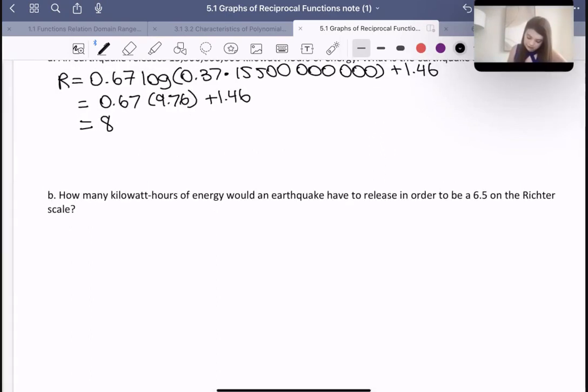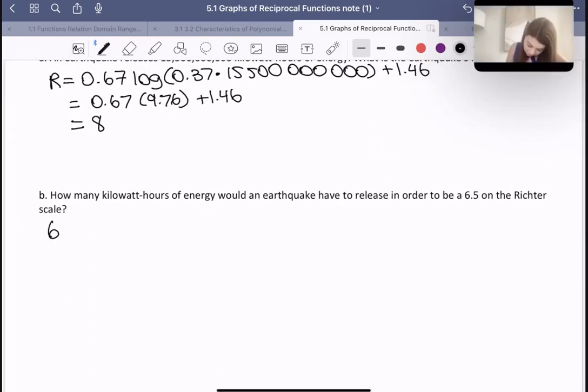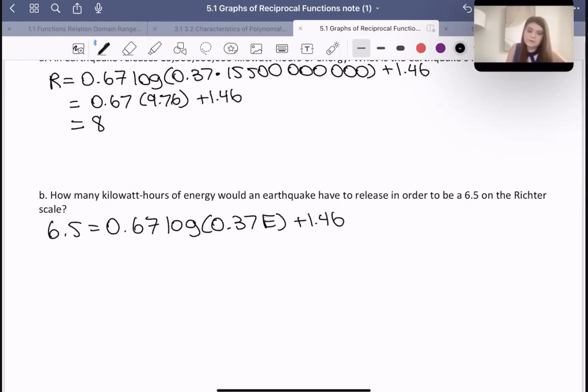So let's do that. This time, 6.5 is going to be the answer, and we want to find out E, how many kilowatt hours. 6.5 equals 0.67 log 0.37 E plus 1.46.